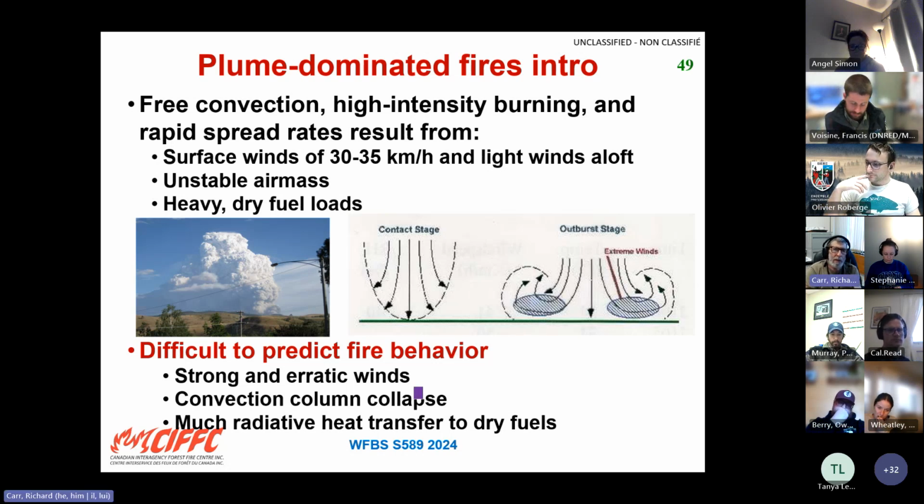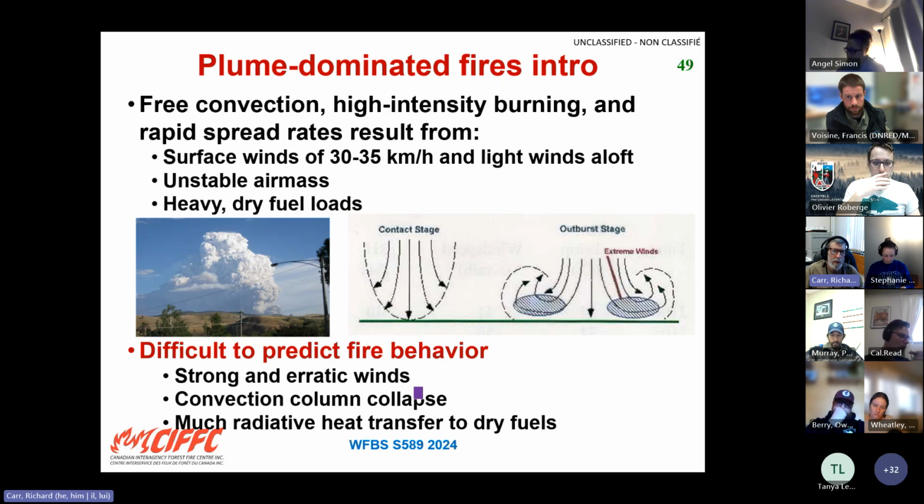So yeah, like a thunderstorm, you get a certain amount of energy going into the column, and you'll attain that level of free convection. The air is free to rise up many thousands of meters high. So you tend to get very intense burning and rapid spread rates.